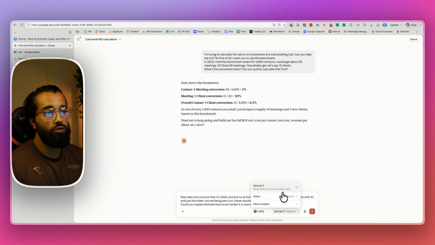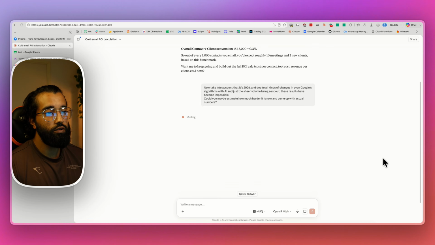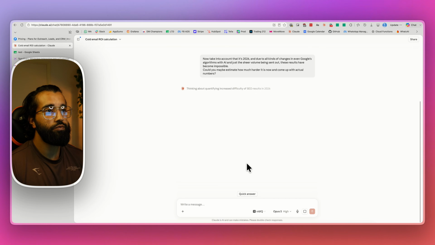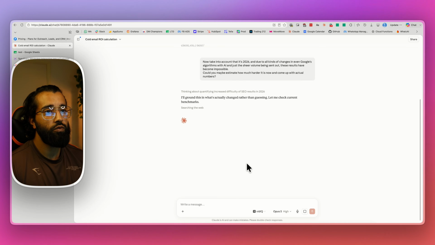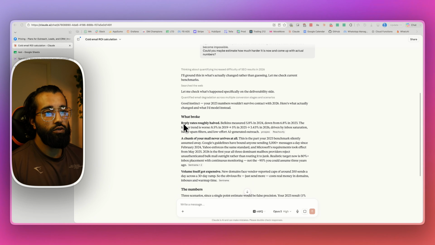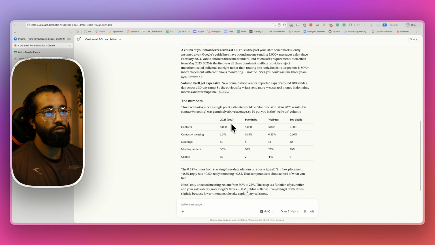Actually, I'm switching back to Opus because I'm asking some more difficult questions now. I was going to find some benchmarks. All right. So saying reply rate is roughly halved. The numbers.